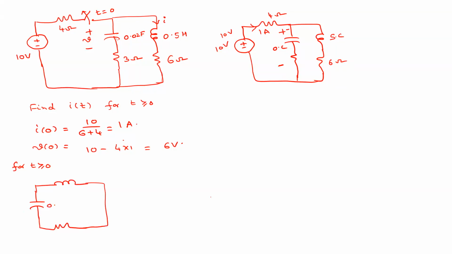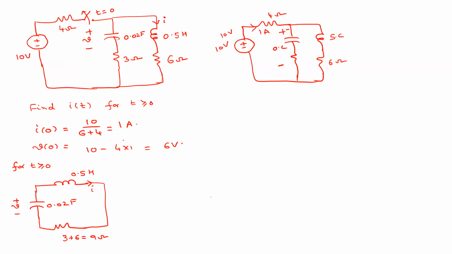So this is 0.02 farad, this is 0.5 Henry, this is current I, and this is voltage V. What is the value of this resistor? 3 plus 6, which is equal to 9 ohm.